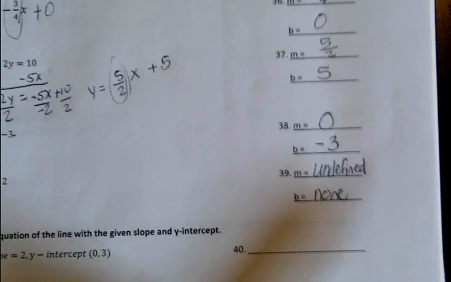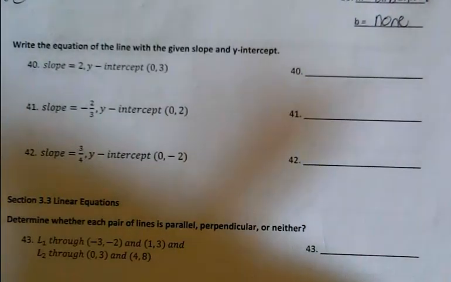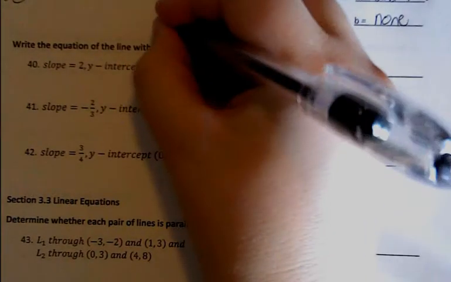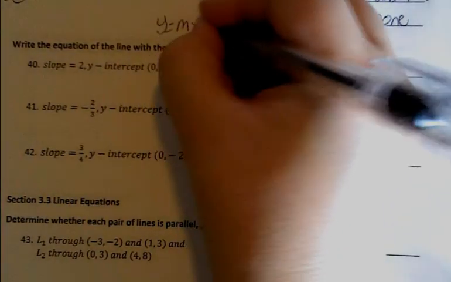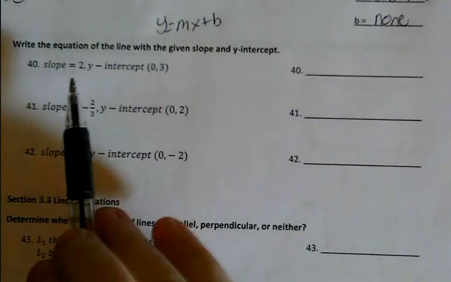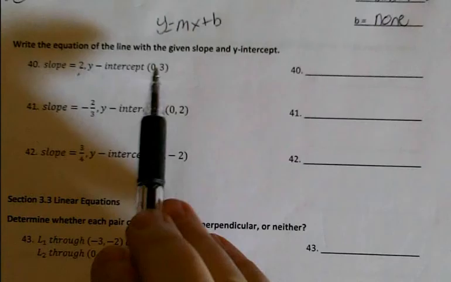Next, for 40 through 42, the directions tell us to write the equation of the line with the given slope and y-intercept. The equation of a line is written as y equals mx plus b. They give us our m, which is our slope, and our y-intercept.